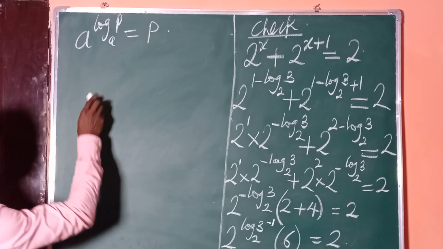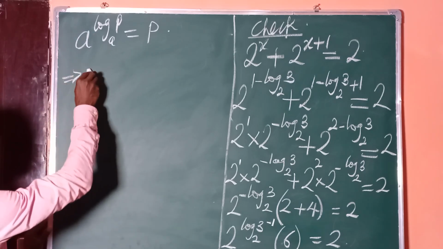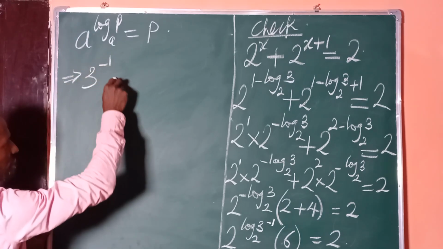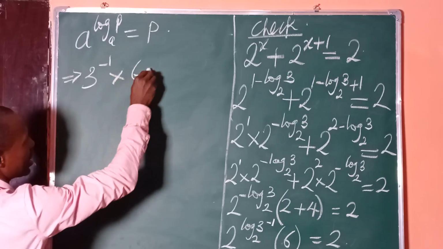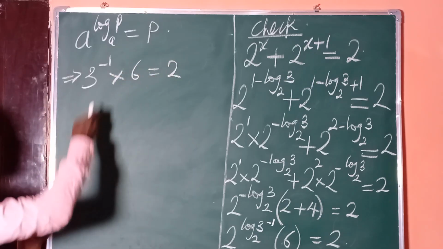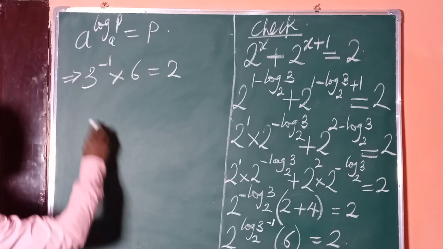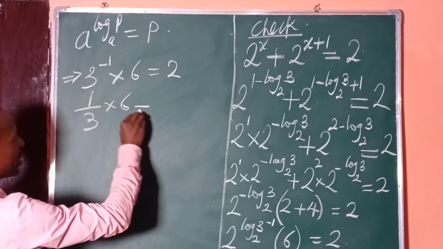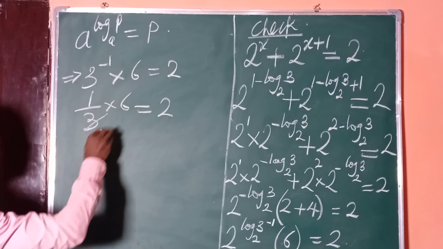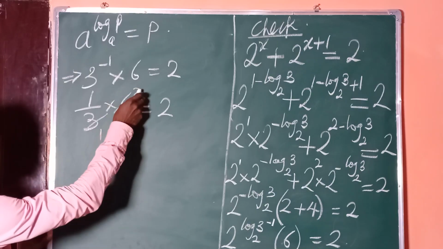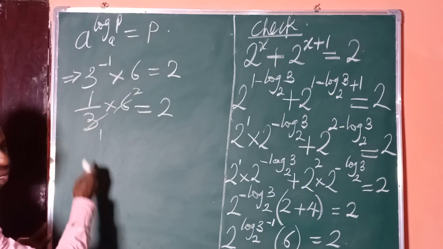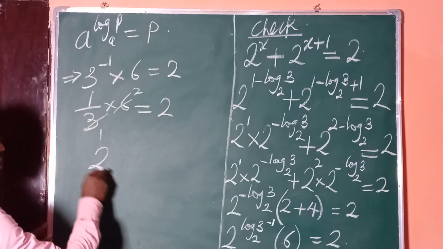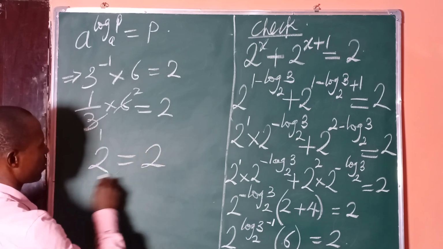And so this now implies 3 to minus 1 times 6 equal to 2. If we apply the law of indices, this is going to give us 1 all over 3 times 6 equal to 2. 3 here, 3 here, we have 2. 2 times 1 will give us 2, all over 1 will still give us 2. So we end up having 2 equal to 2.